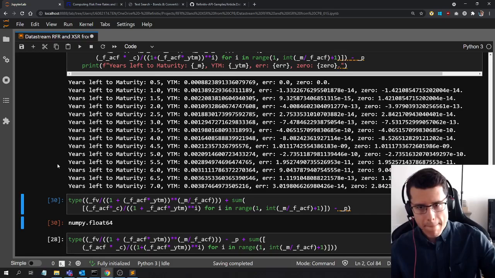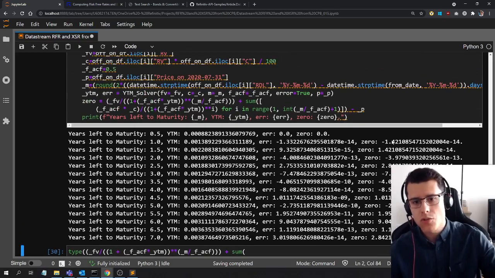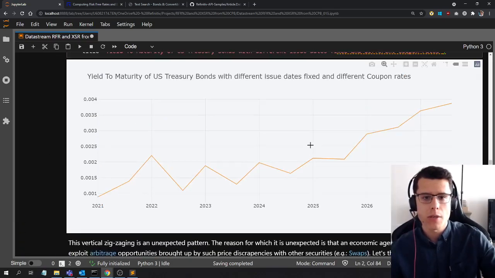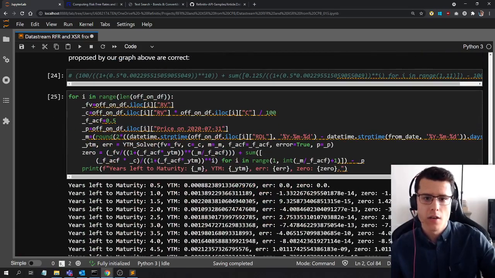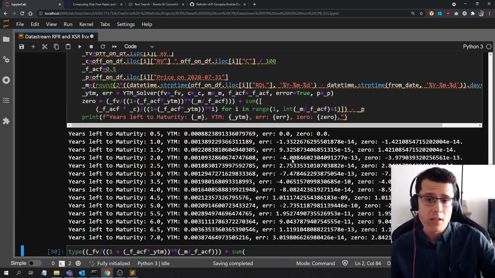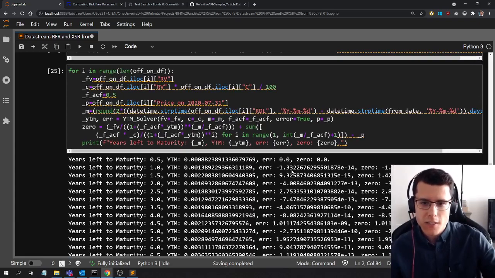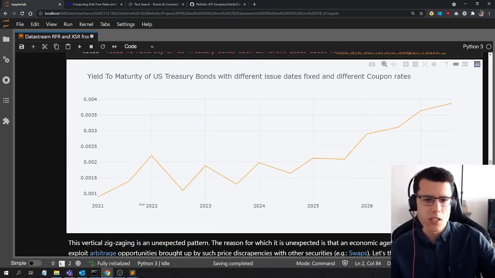So that's the interesting bit. You see, I was looking for accuracy. I wanted to make sure that my yield to maturities were correct. And you know what? It is quite correct. Yeah, it's not super precise. We are times 10 to the minus 14 off, and that's 13 zeros, right? And we're looking at a chart with only 2 zeros.